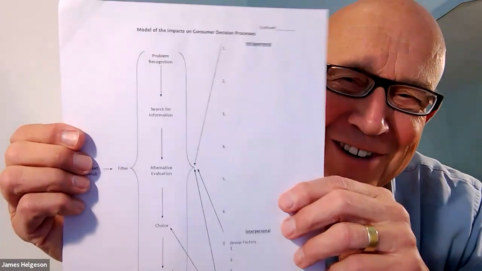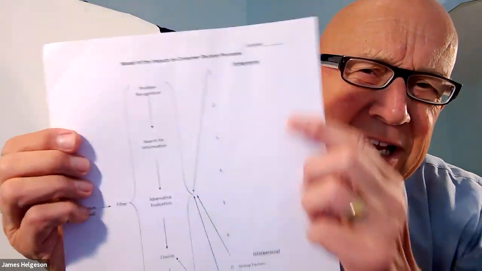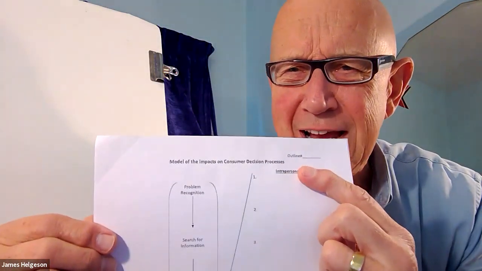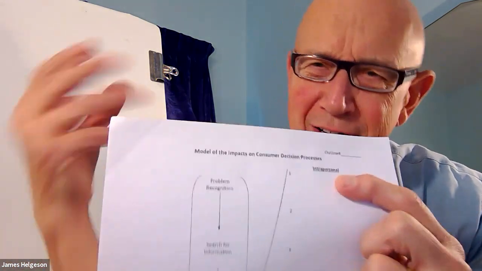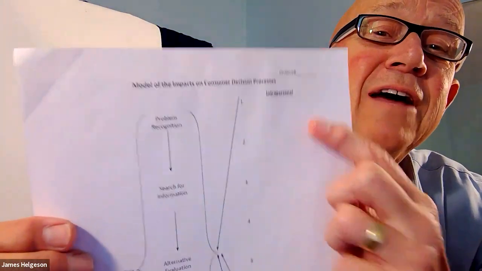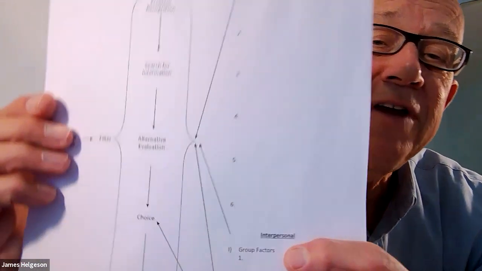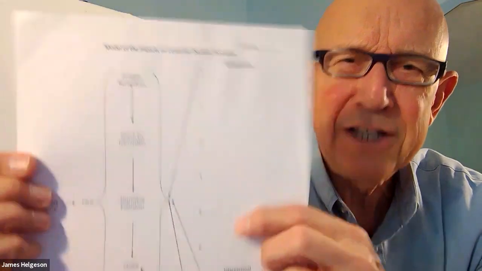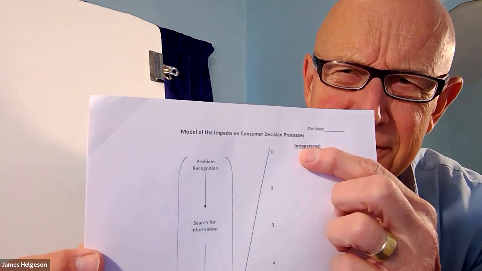I've got these 3 categories here. This says intrapersonal. What's that? That's within the person. That's psychological kinds of variables. Intra, within. Down here we have interpersonal, between people, and this is sociological. So up here, intra, within the person, psychological variables.